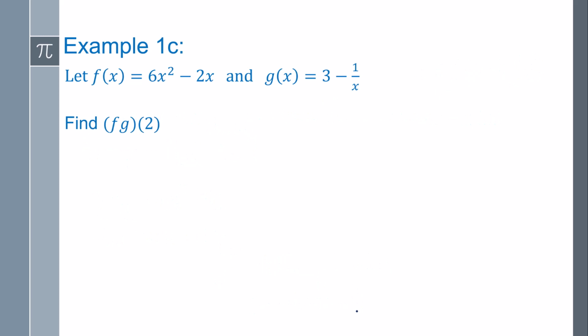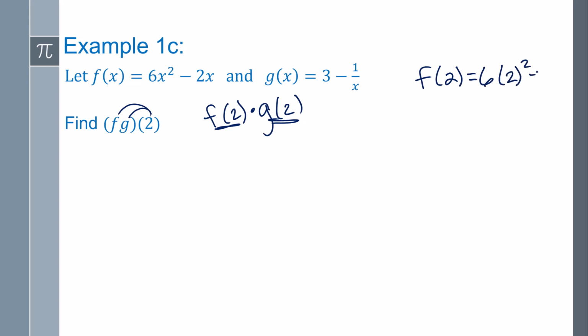The next one is just saying f times g with my input 2. Depending on how you want to do it, you can plug 2 into your f function and your g function first, and then multiply them together. So if I wanted to find my f of 2, you're taking your f function with 2 plugged in and your g function with 2 plugged in. So plug in 2. 2 squared is 4. 24 minus 4, so you get 20.